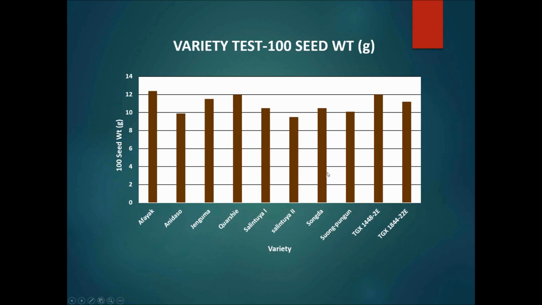For 100 seed weight, I had Afayak above 12 grams per 100 seeds, and the lowest coming from 722, at around 9 grams per 100 seeds.